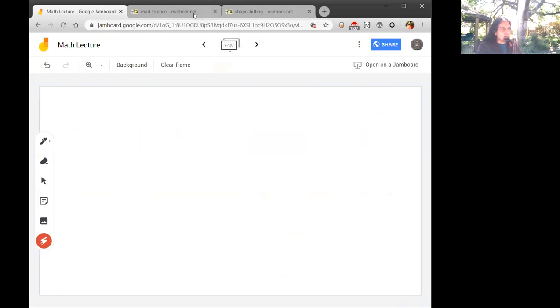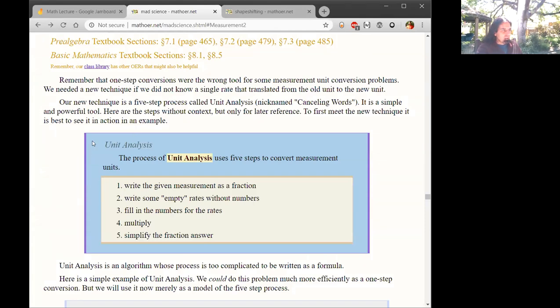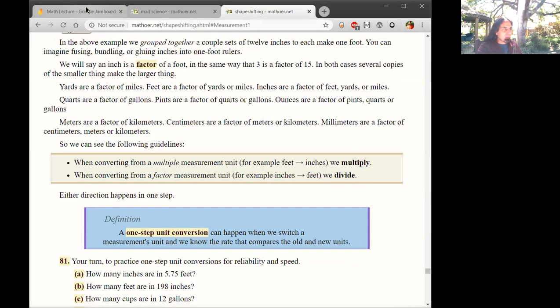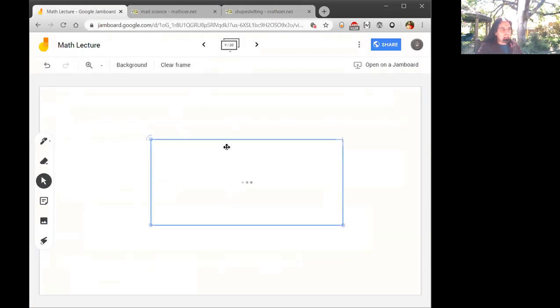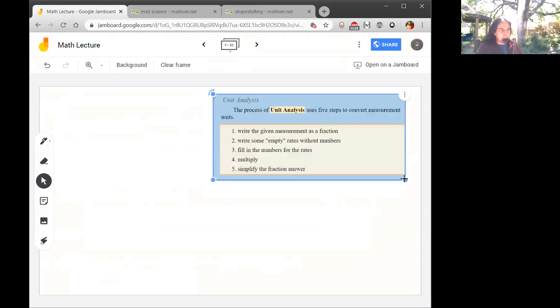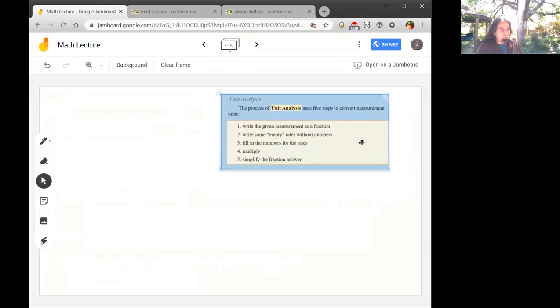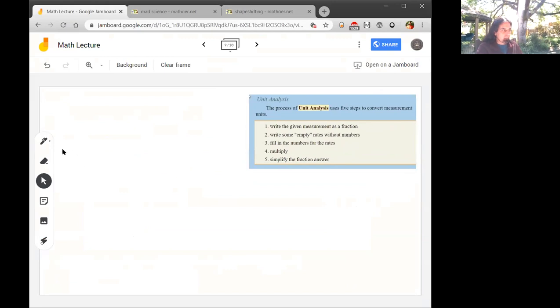Okay. So here's the steps of a process called unit analysis, and if I were to read them out loud, it would just be terrible. So I'm going to do them in action. And I'm going to do them first with a ridiculously easy problem.